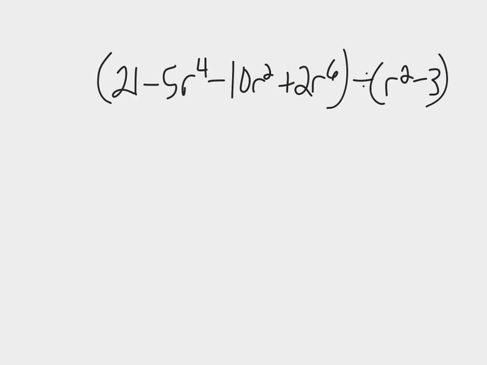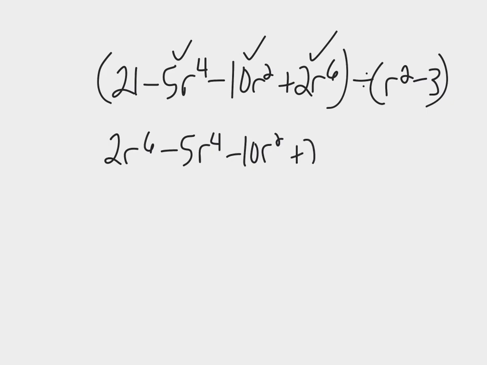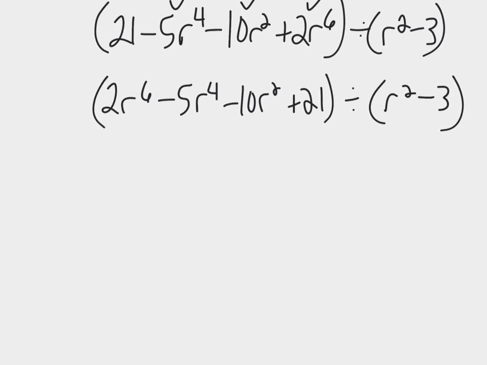So two things happening here. One thing is that this is not in standard form. So the first thing I might do is rearrange this, starting with my highest powers. Probably I would just do that first, just rearranging that.